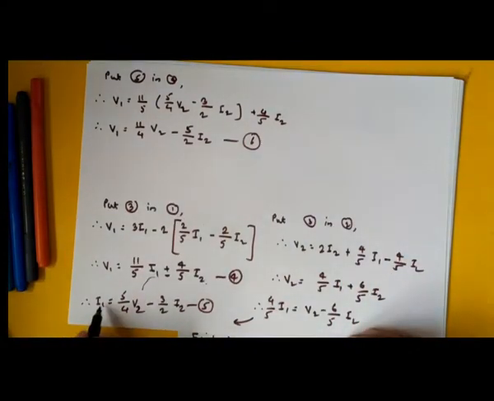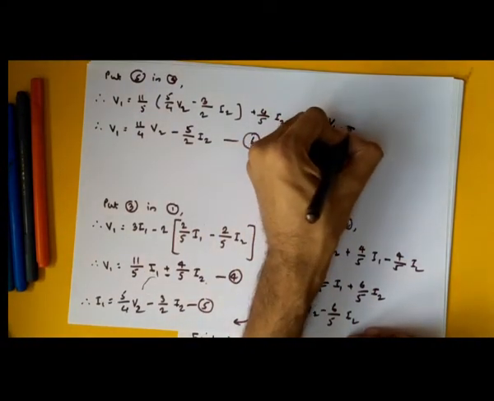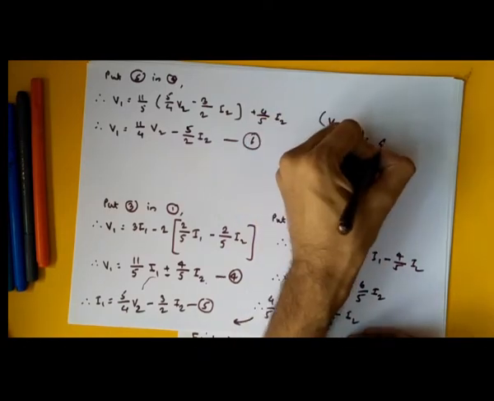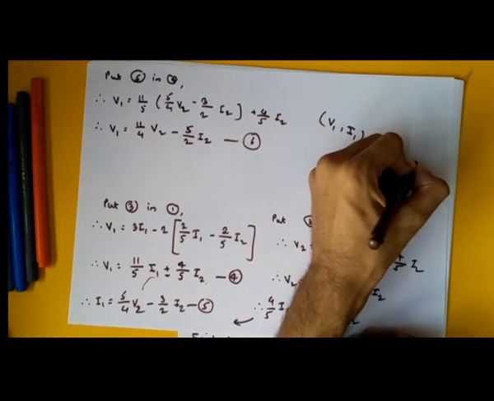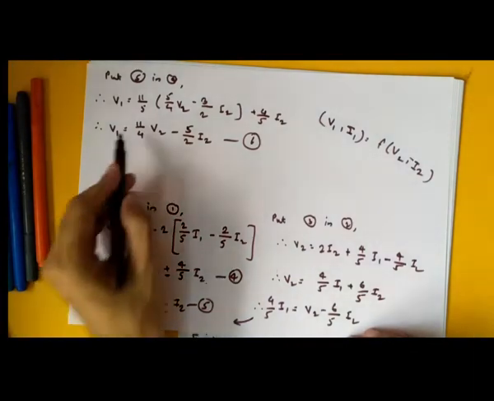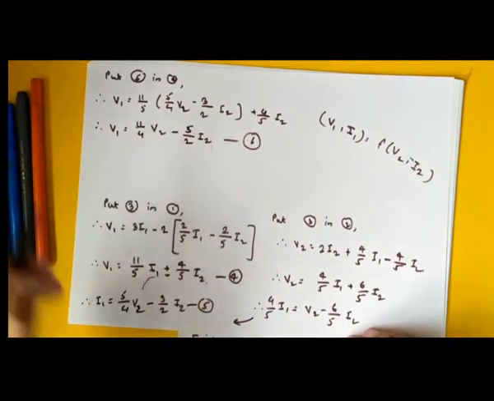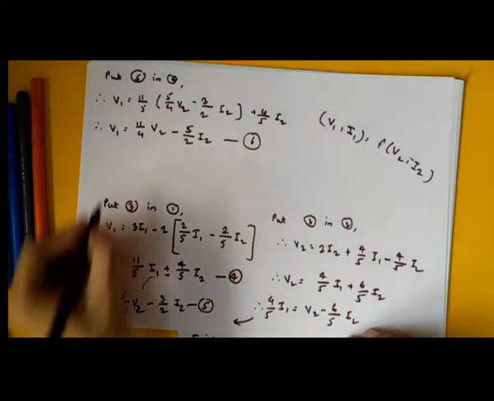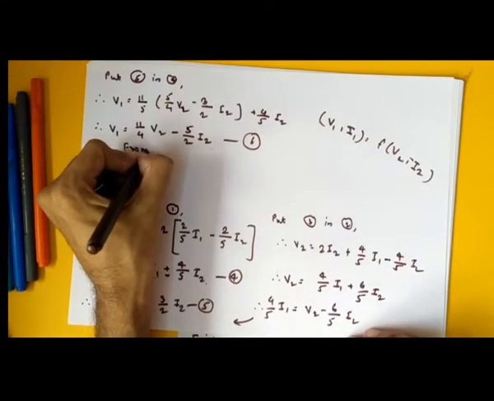So just see equation 5 and 6. What we want? V1 comma I1 is a function of V2 comma minus I2. Right? So V1 is a function of V2 comma minus I2. Here I1 is a function of V2 comma minus I2. So what you will write?